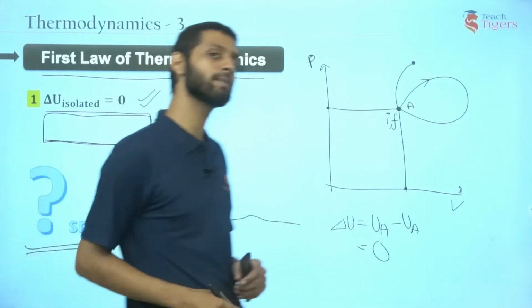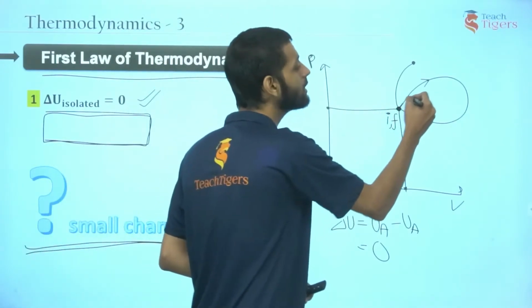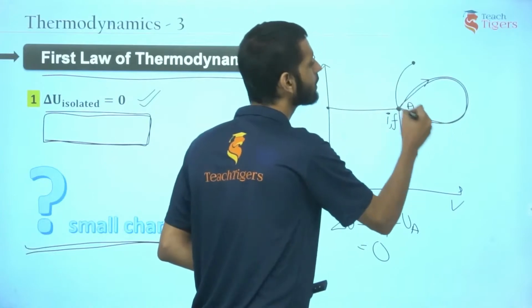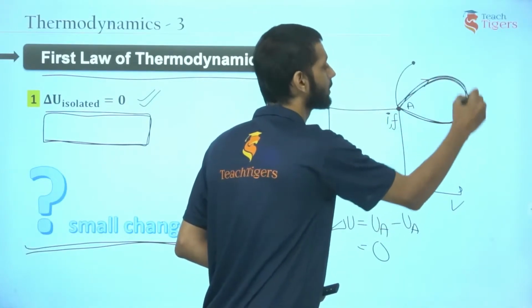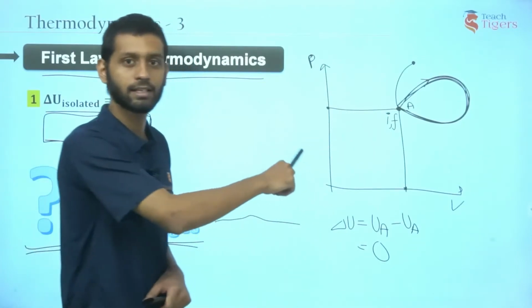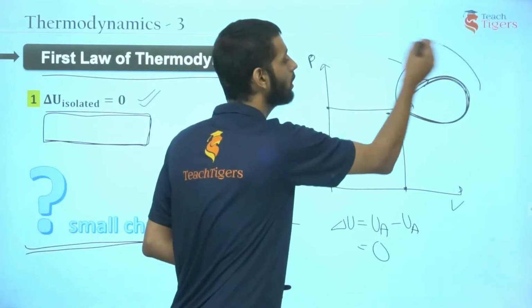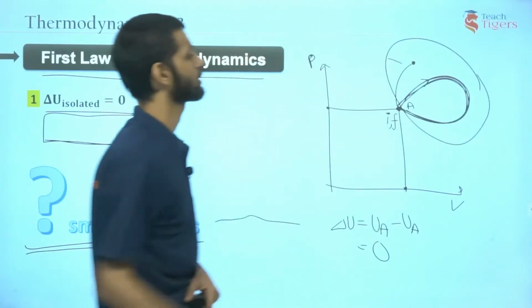Does this mean my system is isolated? The answer is no, because my system did something in the middle. It's not an isolated system. If it was an isolated system, this whole drama wouldn't exist.